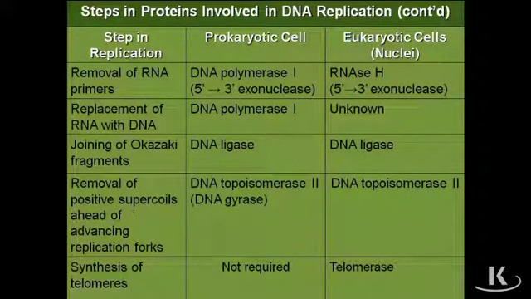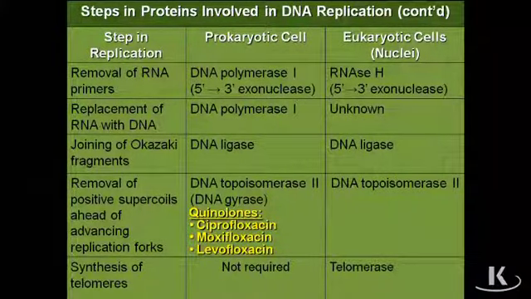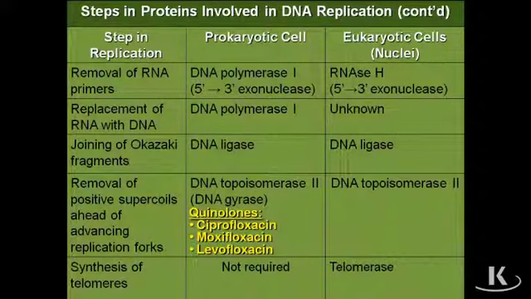I want you to focus some attention down here, because removal of positive supercoils ahead of the advancing replication fork is an important mechanism. Why is it important? Because if you block that mechanism, you can kill off the bacteria. How do I mean? Well, the fluoroquinolones that you're very familiar with: ciprofloxacin, moxifloxacin, levofloxacin, gatifloxacin.